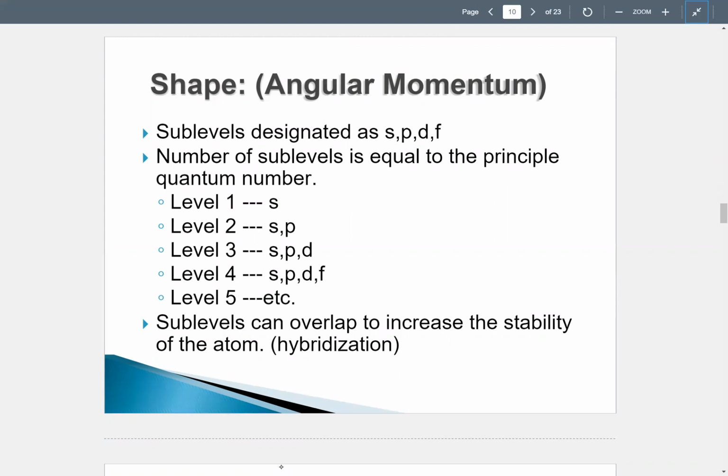And so 2 fit in the first shape and 6 fit in the second shape. The second shape is called P. The first shape is called S. Third energy level, 3 squared is 9 times 2 is 18. It can fit 18 electrons, 2 in the S, 6 in the P, and 10 in the D.